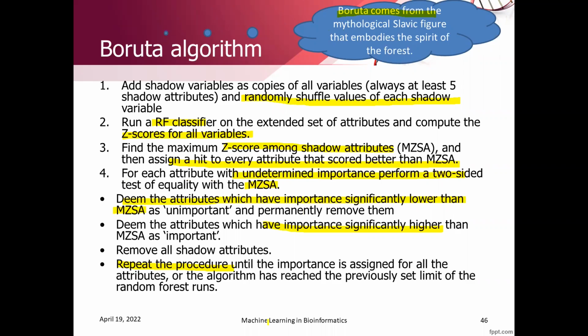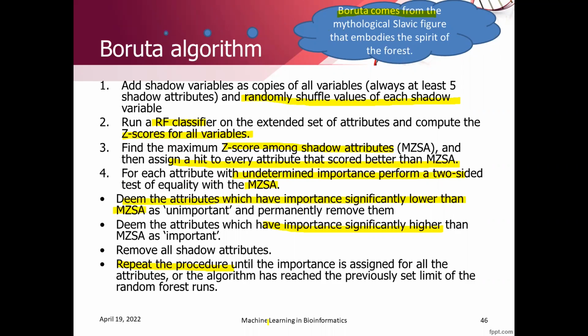And if for the random variables, whose shadow variables are randomized, the z-score is high, this means that the difference between the important variables and lower importance variables is not so big. Because if we permute some attribute, we still obtain a good classifier.